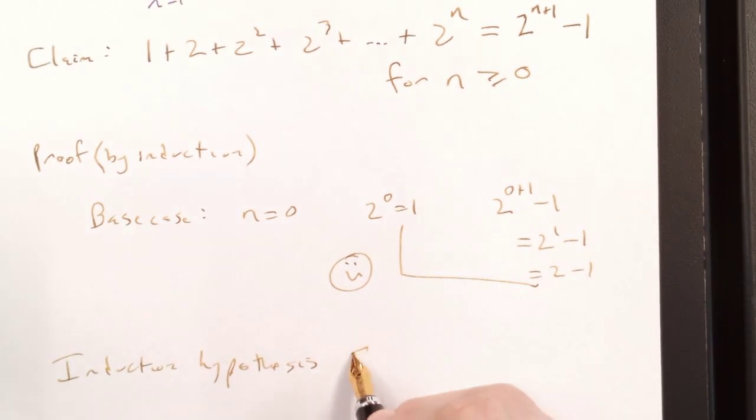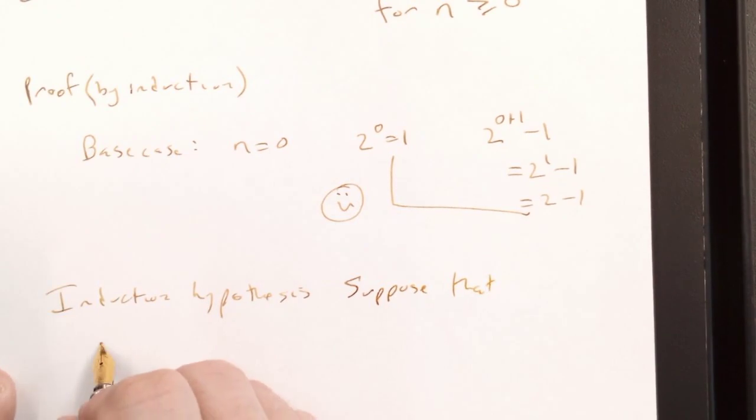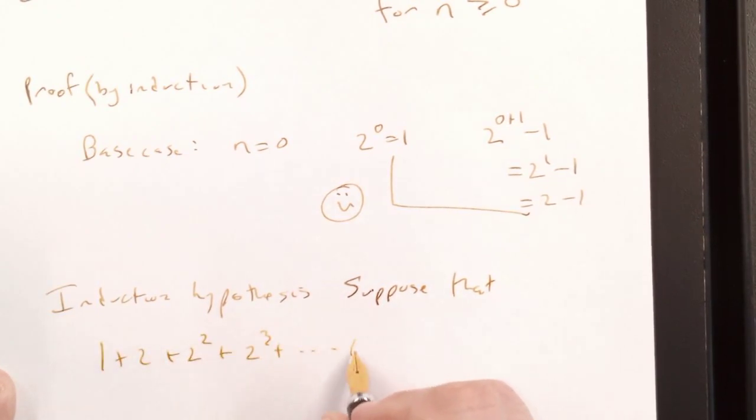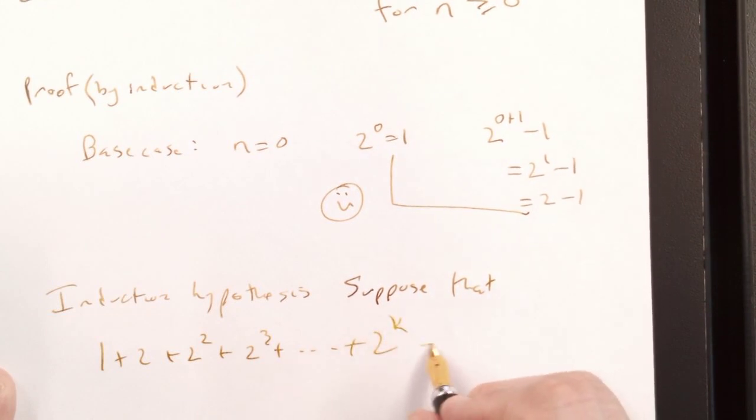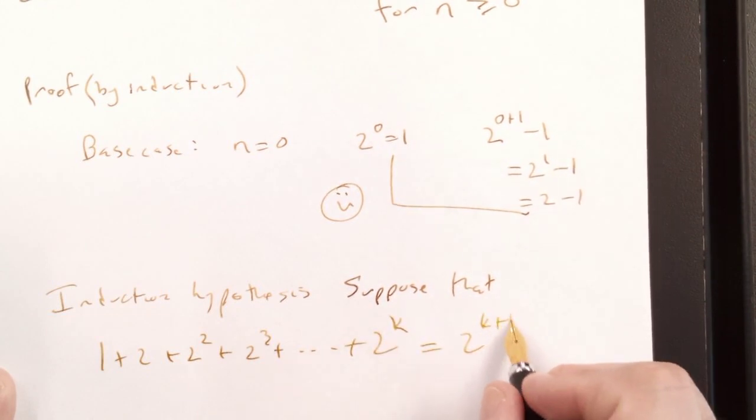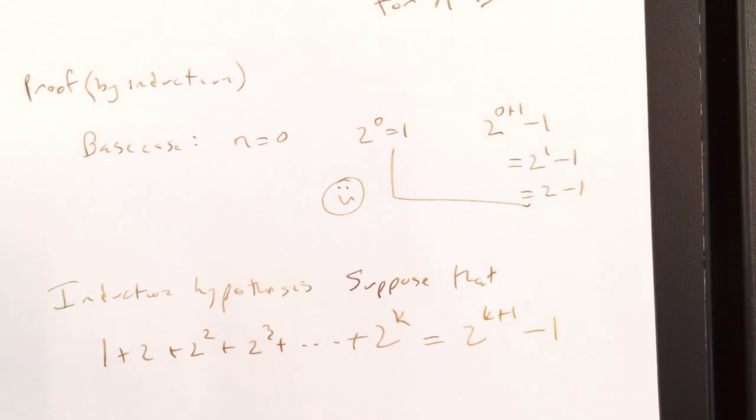Suppose that 1 plus 2 plus 2 squared plus 2 cubed plus up to 2 to the k is equal to 2 to the k plus 1 minus 1. I didn't even write it out as P of k. I just wrote the whole sentence, said we're going to stop at k instead of n. Right?